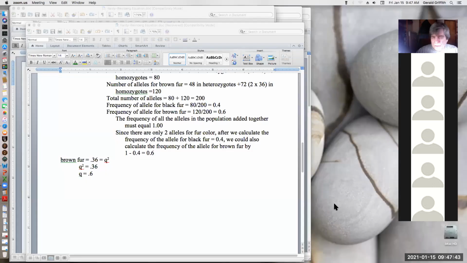So we don't get the right answer. The reason is that taking the square root assumes that every individual in that population that has black fur is homozygous dominant, and we know they're not all homozygous dominant. So this is not going to give us an accurate answer.